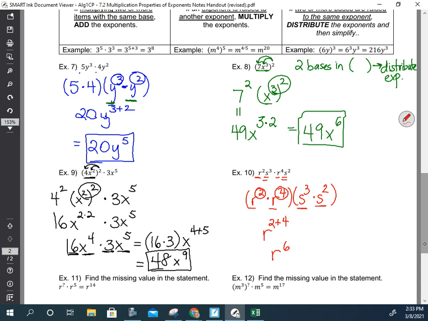Do the same thing with the S's. 3 plus 2 is what? 5. R to the 6, S to the 5th. And don't you dare put those together. You cannot add those because they're not the same letter. Questions on examples 9 or 10?